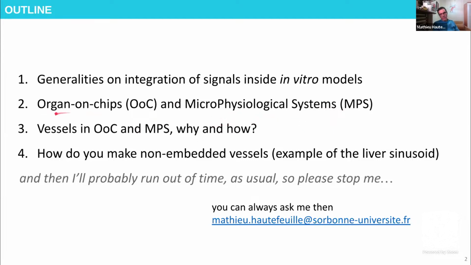One of them are the organ on chips. I'll give a brief introduction of their history and why we use them. And I'll switch to what we now call MPS because, to be honest, organ on chip is a term that scares a little bit people in the society. So it's better to say microphysiological systems, which actually also means a bit more about what we want to do, which is mimic what you find in vivo to have better in vitro models.